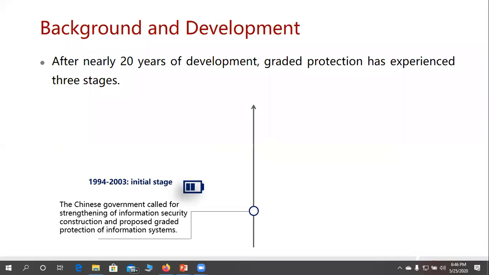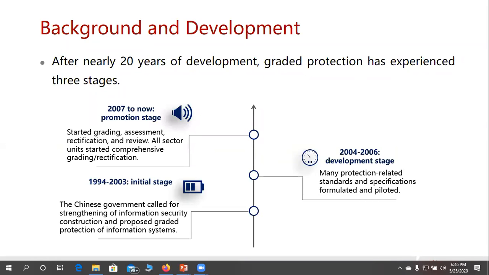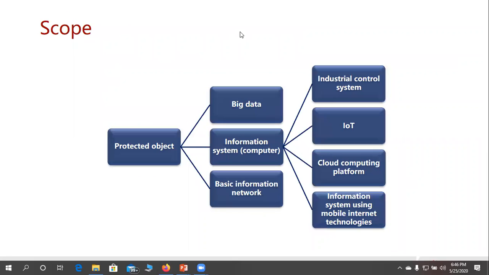So this is the background of the graded protection system which China is using. So you can see between this period, this was an initial stage. And then between this period, there was a development stage. And then 2007 up to now, this is what we call the promotion stage. Very, very important that a country must have this in place.